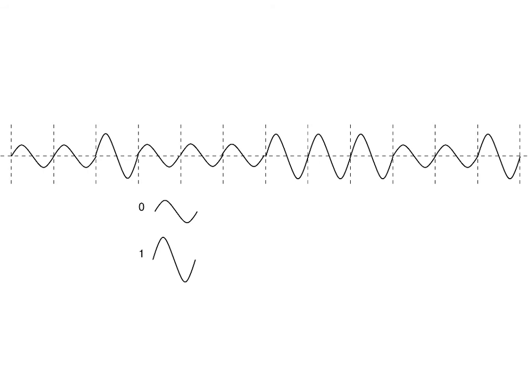What's the frequency of our signal in this case? If between the vertical dashed lines is 2 milliseconds, what's the signal frequency?